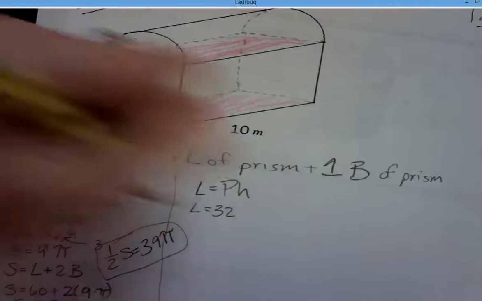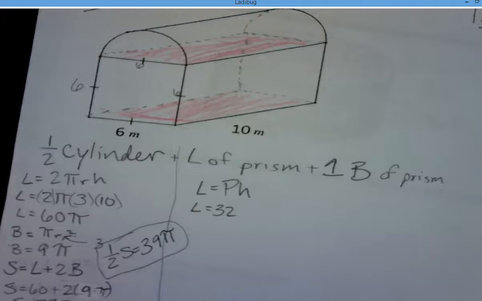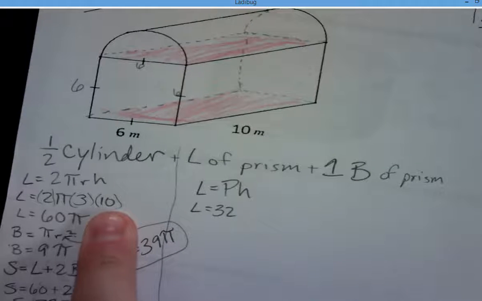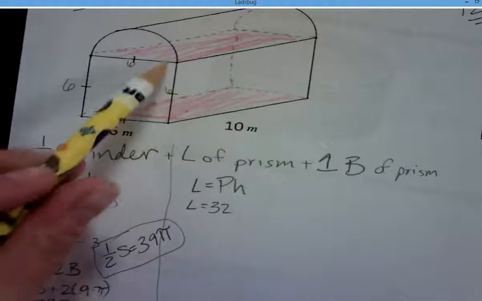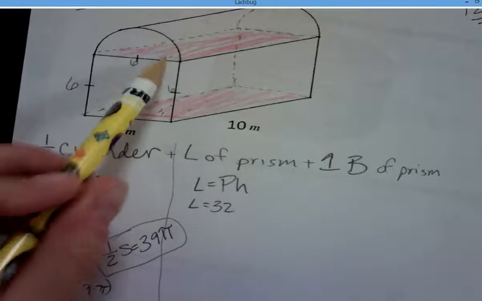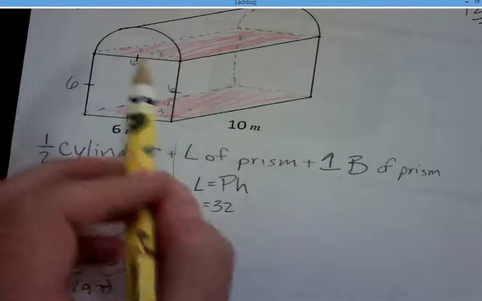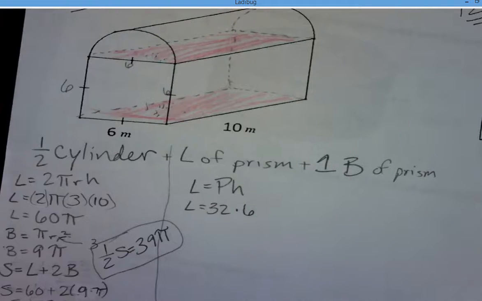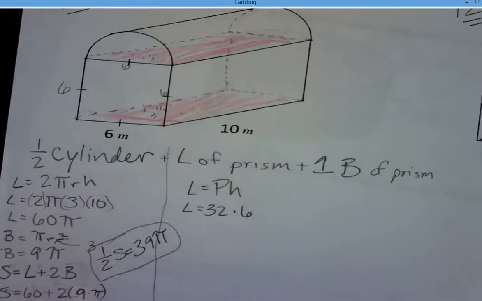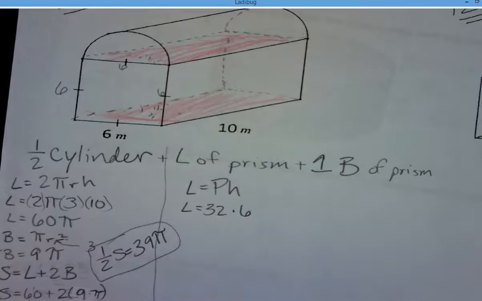And this is what a lot of people get wrong, because we used 10 for H here. 10 is not our H on this one. It's how far apart are these red things. They are 6 units apart, not 10 units apart. 10 was the height of our cylinder. I'm just going to beat that into the ground.